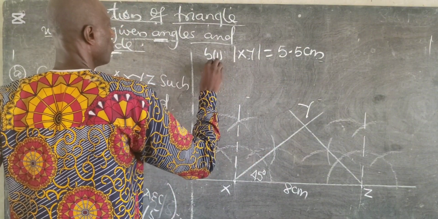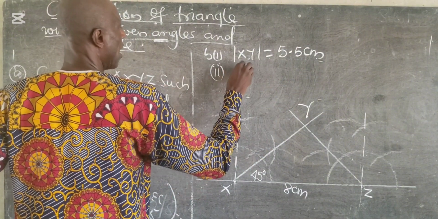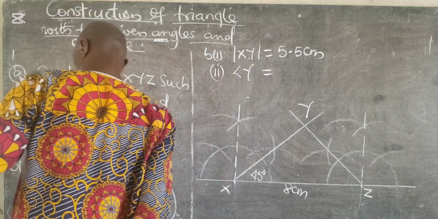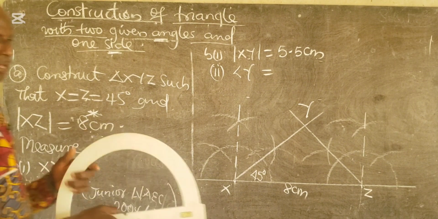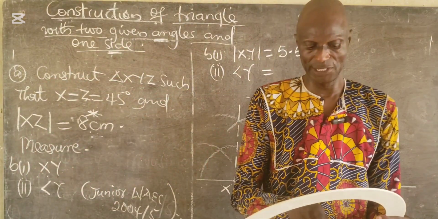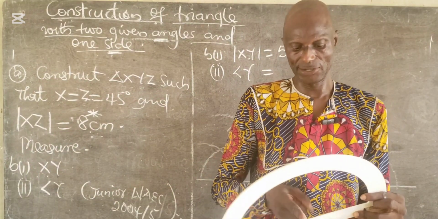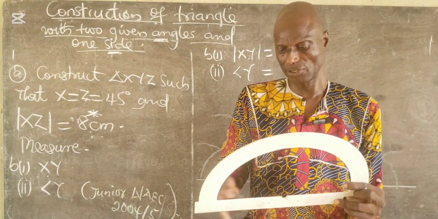And number 2, we should measure angle Y. You use your protractor again to measure angle Y. When you want to measure angle Y, there is a place on the protractor that we use, and here is your starting point. Not here.